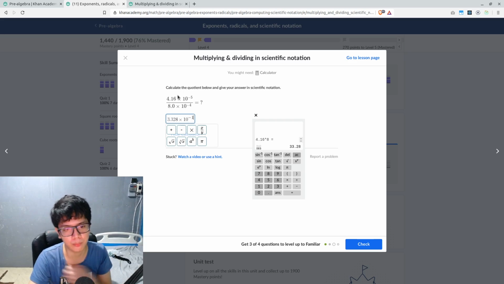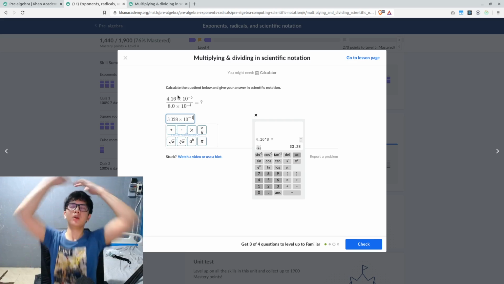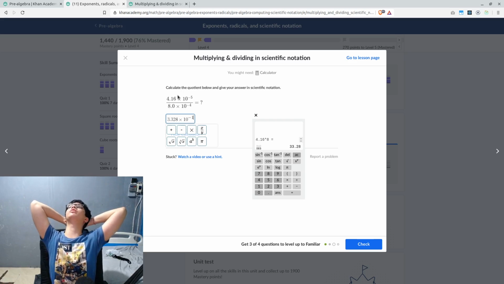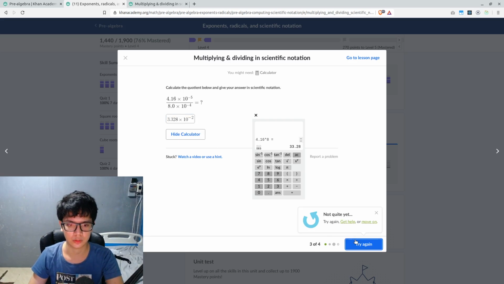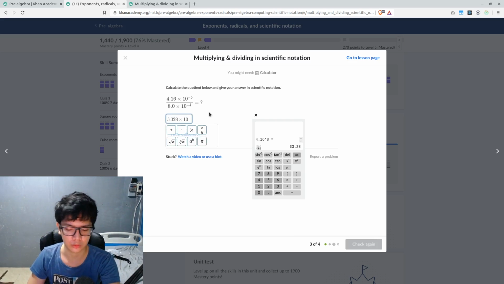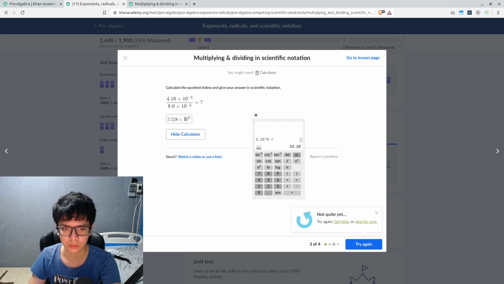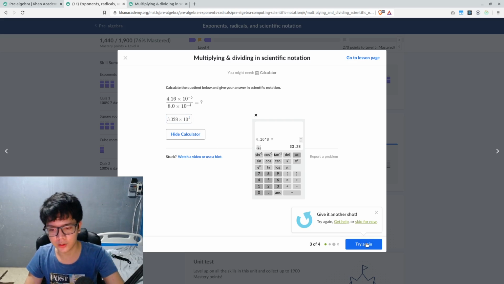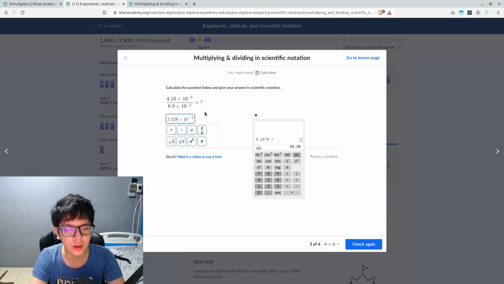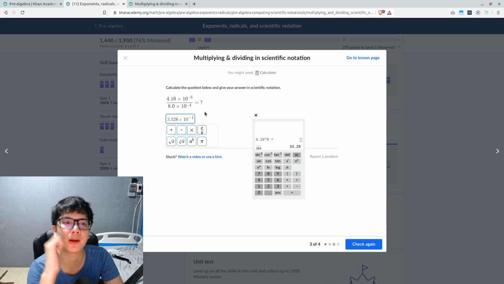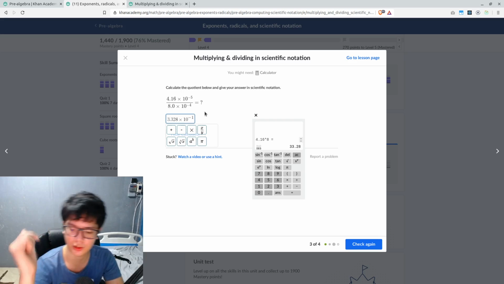So from where it moved. Zero? I mean, -5 minus -4 is going to be -1, right?